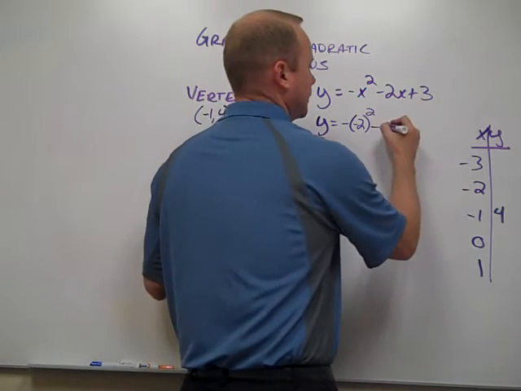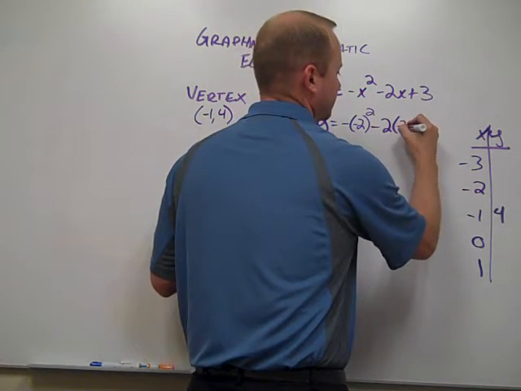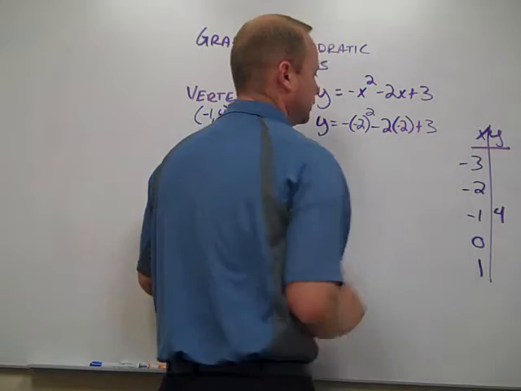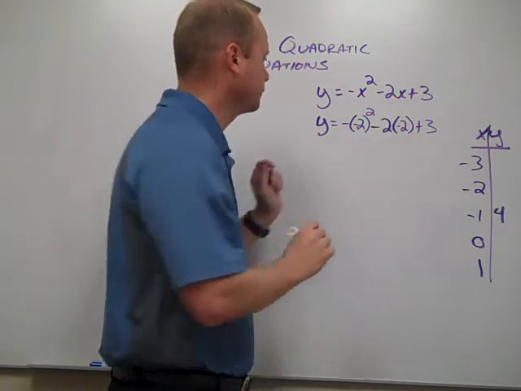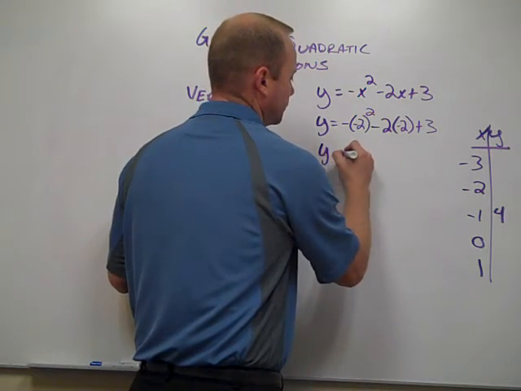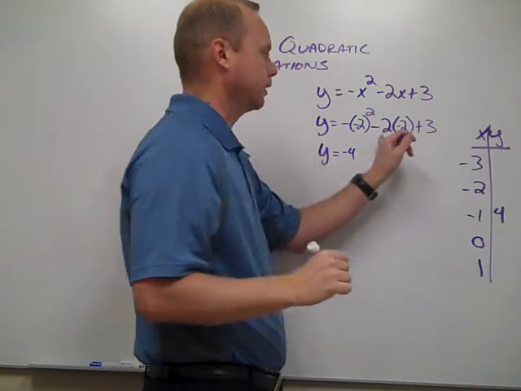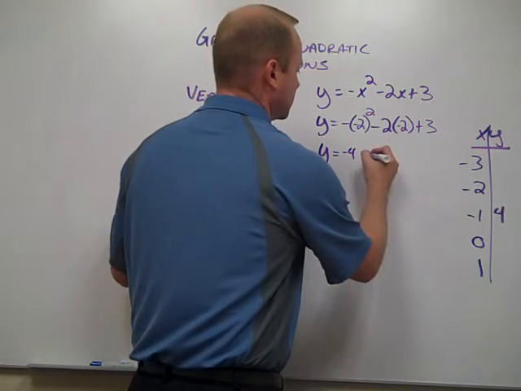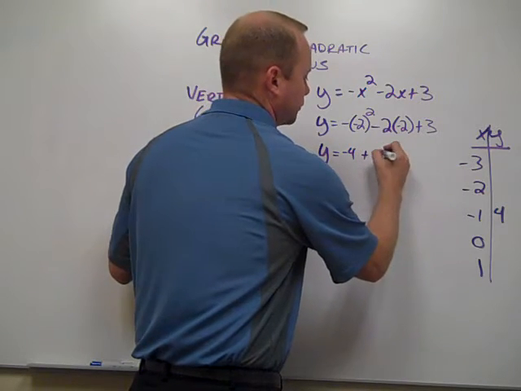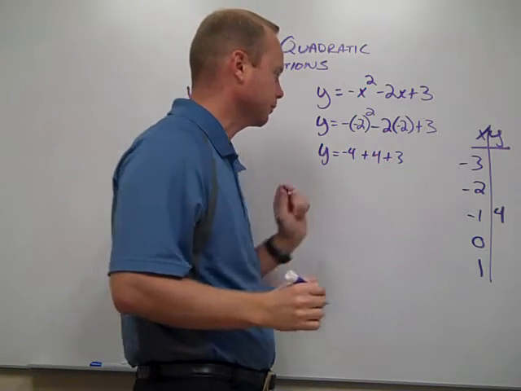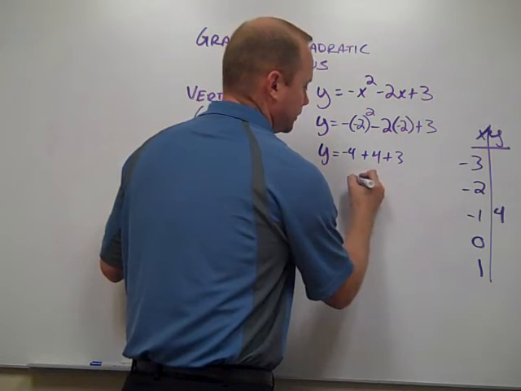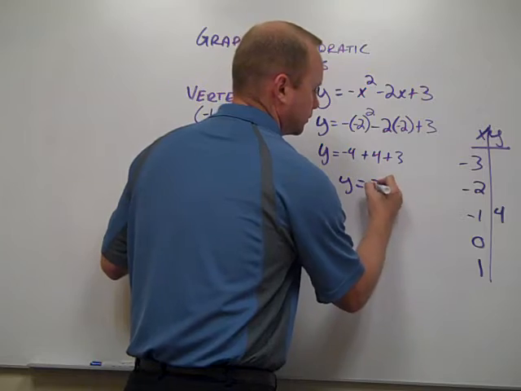Minus 2 times negative 2 plus 3. Let's see, negative 2 squared is 4. Times a negative would give me a negative 4. Y equals negative 4. Negative 2 times negative 2 is 4. Plus 4 plus 3. Negative 4 plus 4 is 0. Plus 3 gives me 3. So y equals 3.